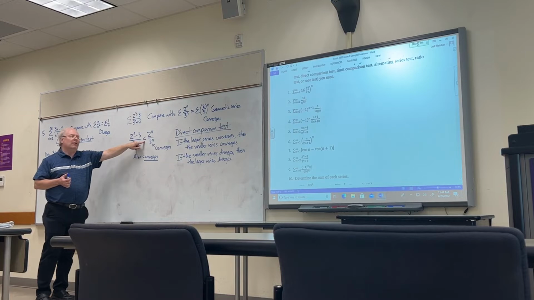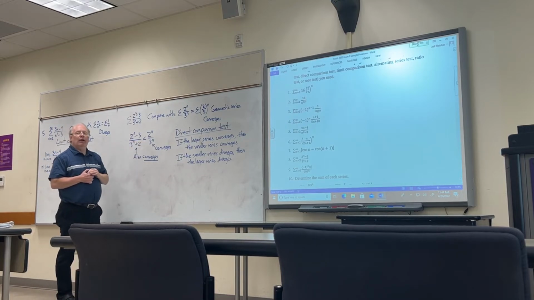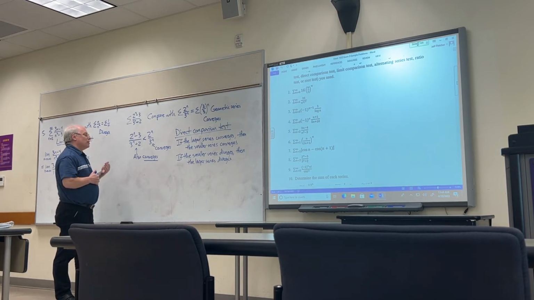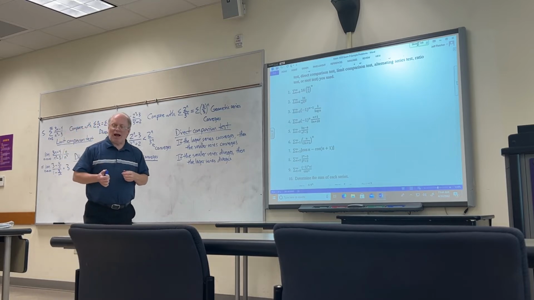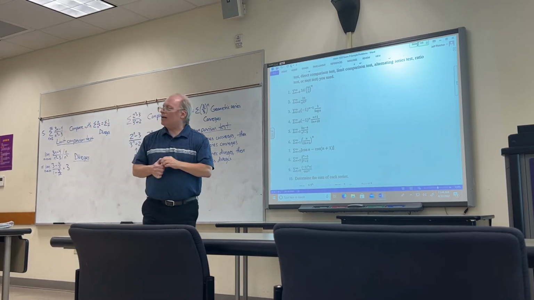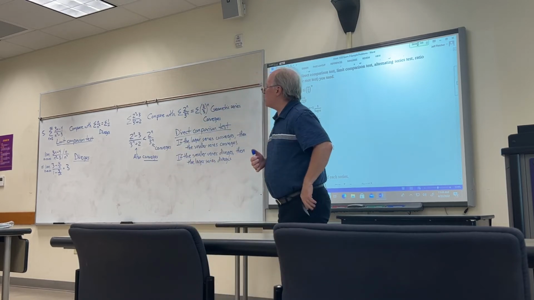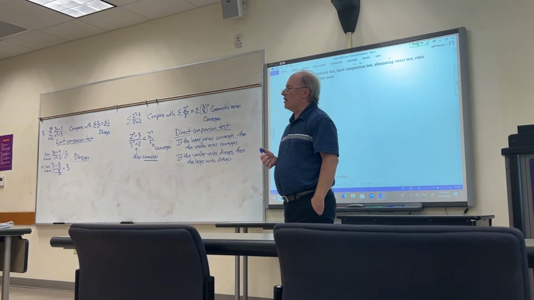Exactly. You were using the wrong comparison. You have to use the limit comparison test if that happened. So again, with the direct comparison test, if the larger series diverges, it doesn't tell you anything. Or if the smaller series converges, it doesn't tell you anything.